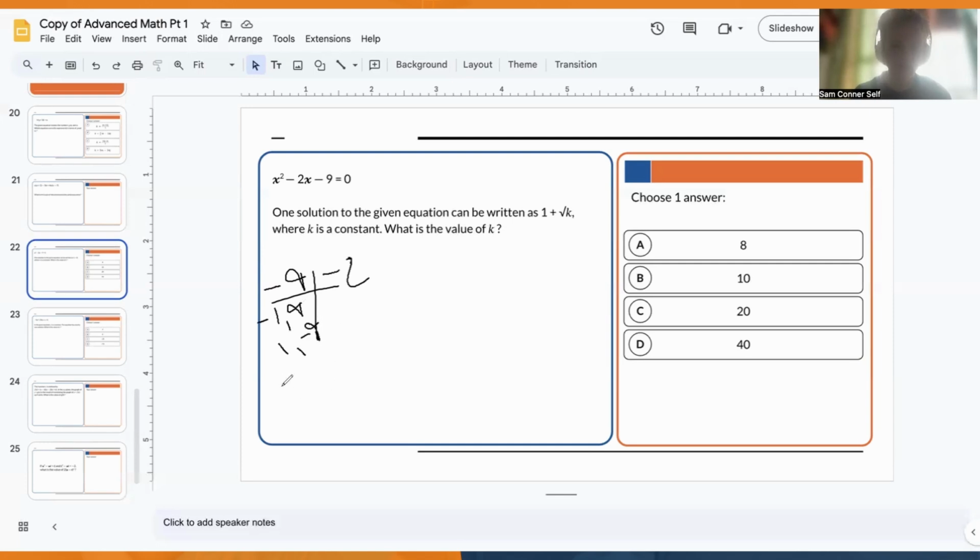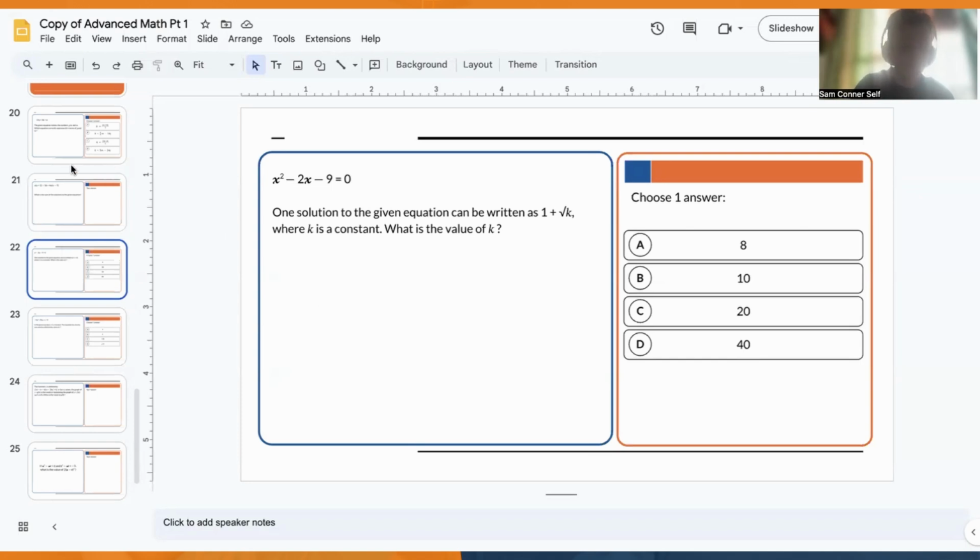And then 3 and 3, so it'd be -3 and 3. But just looking at these, none of these are going to add up to -2. So unfortunately, we're not going to be able to factor and solve this. What we're going to have to do is use the quadratic formula.